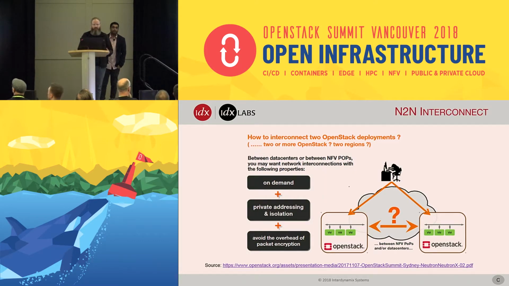There's no code that I'm aware of yet, but the reality is what we need to be able to do. If we have multiple OpenStack clouds, we need Neutron on both sides, or however many there are. We need those Neutrons to be able to communicate together so that we can do routing across multiple OpenStack clouds, right? So there has to be some kind of API available for this to work, and this is something that this Neutron to Neutron interconnect spec could help with.